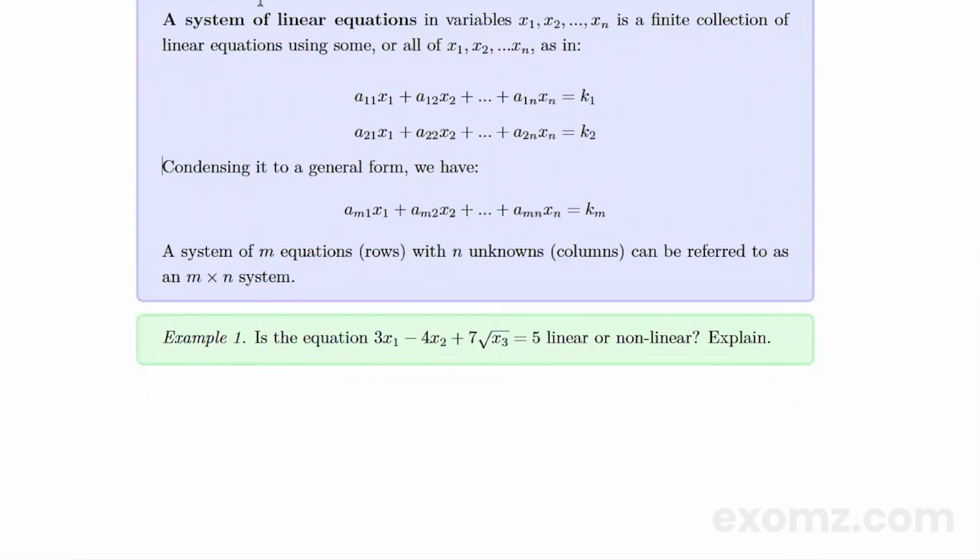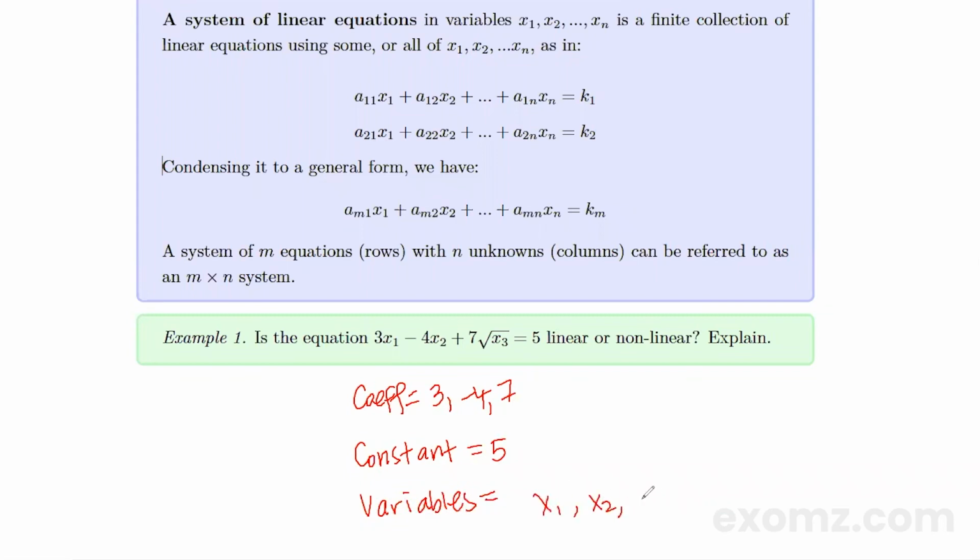First of all, we can say that we have coefficients 3, minus 4 and 7. And we also have a constant term here, which is 5. Now, our variables right here are x1, x2, and square root of x3.